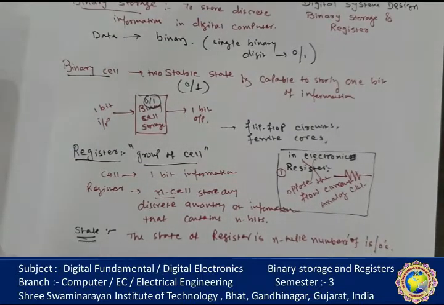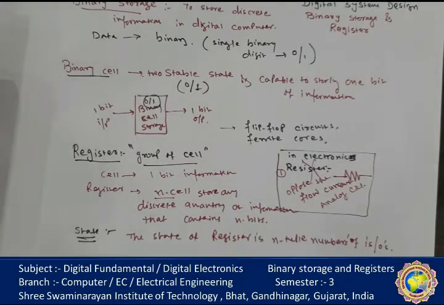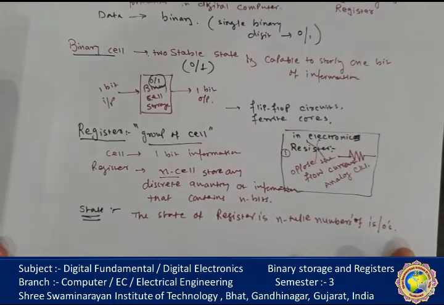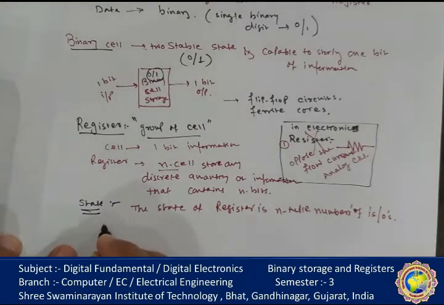Suppose I have an 8-bit register. Okay, an 8-bit register contains 8 bits of binary data. The content of a register is a function of the interpretation given to the information stored in it. Suppose I have a 16-bit register.